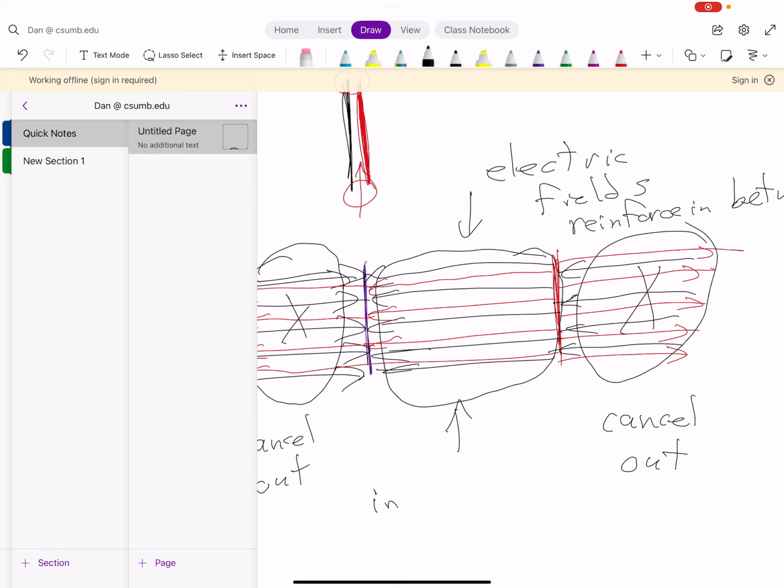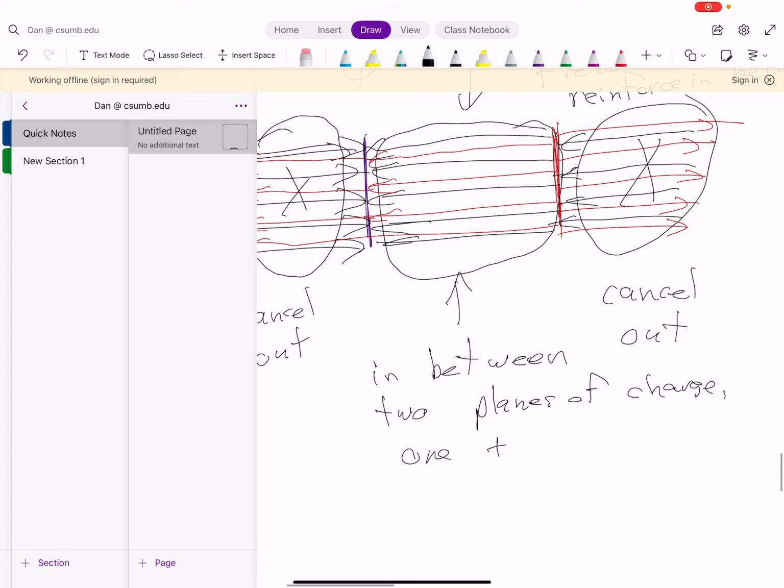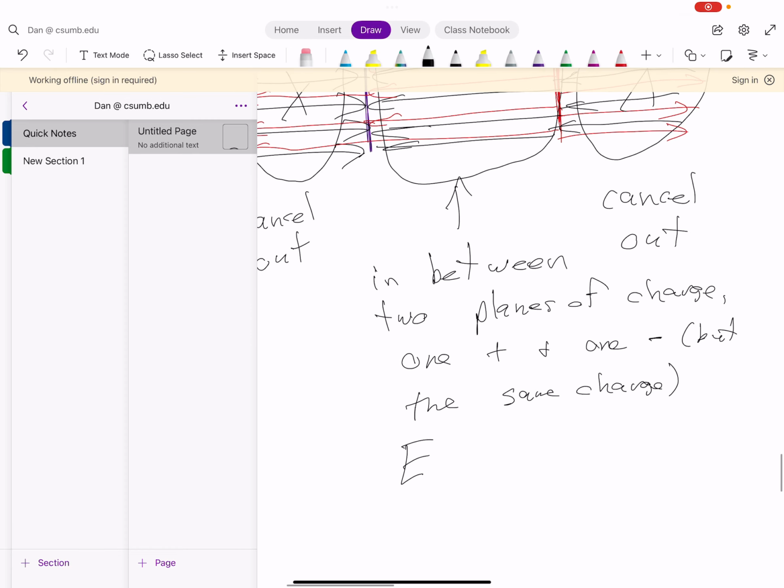So in between two identical but oppositely charged planes, one positive and one negative, but the same size charge, let's say one is plus 2 microcoulombs, the other one's minus 2 microcoulombs, for instance, the electric field strength is going to be double what it would be within one of them.